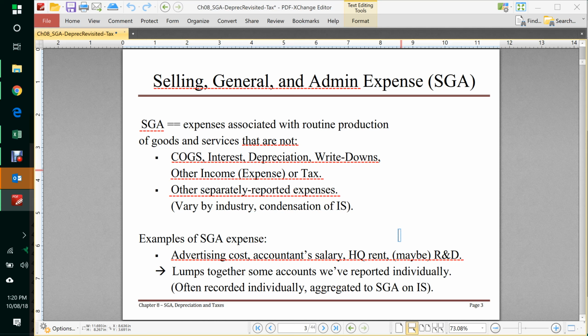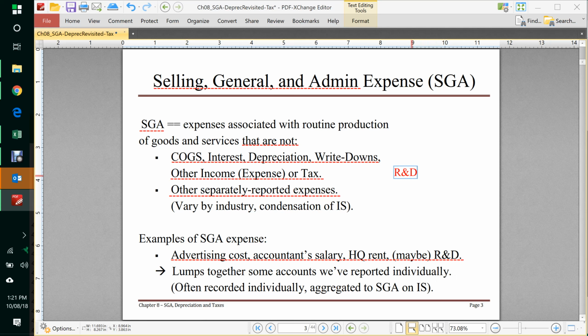We're still going to record things with a lot of care because we might decide to do an income statement without putting anything into SGA, or for numerous other reasons. It's always good to be very specific when we record, as opposed to when we're making an income statement itself. But let's look for a second at this R&D example.